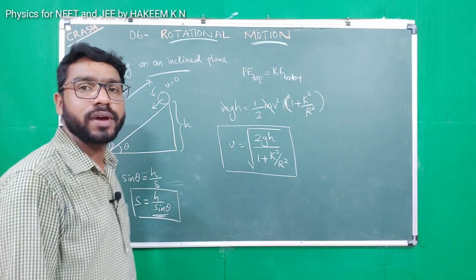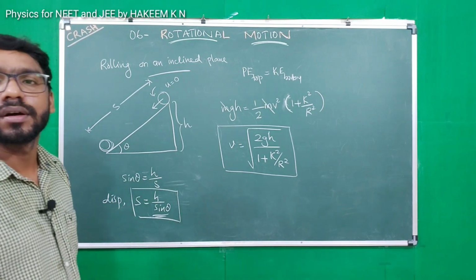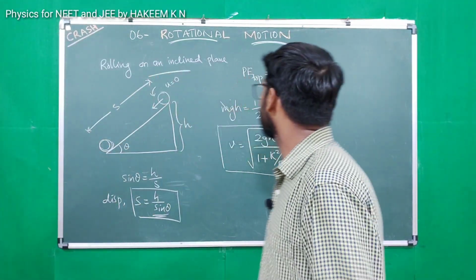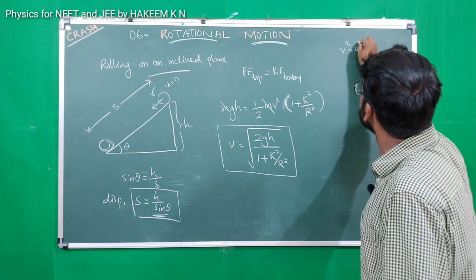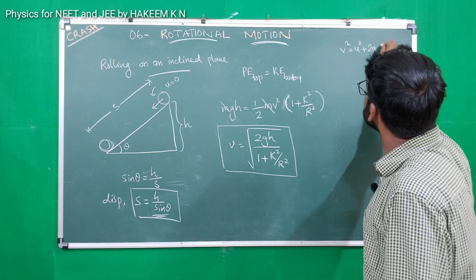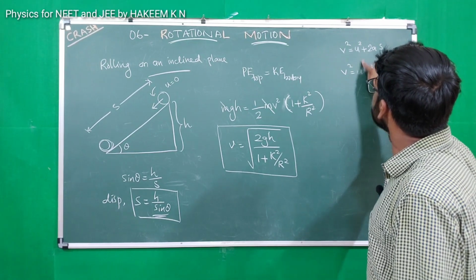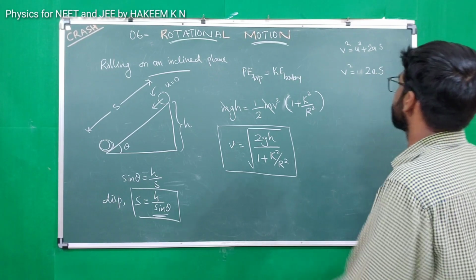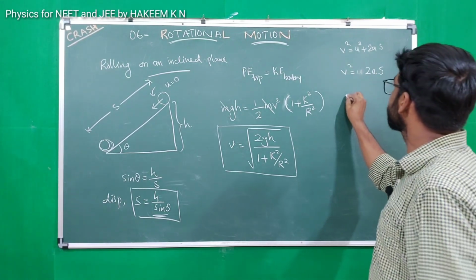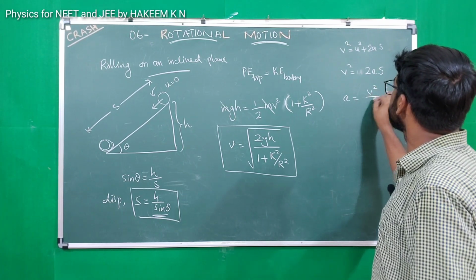Then how do we find the acceleration of the body during the motion? We can use the equation v square equals u square plus 2as. U is 0, so v square equals 2 into acceleration into displacement. So acceleration a equals v square by 2s.